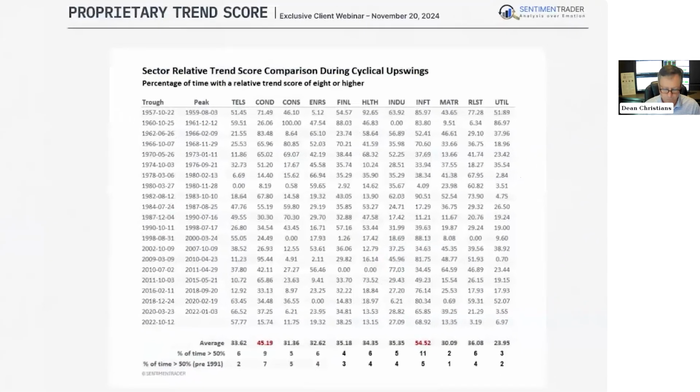All right, so this table is what I created using the S&P 500 sectors. The data goes back to 1957. And what I wanted to do was show you the percentage of time that each sector had a relative trend score of 8 or higher in cyclical upswings in the stock market since 1957.